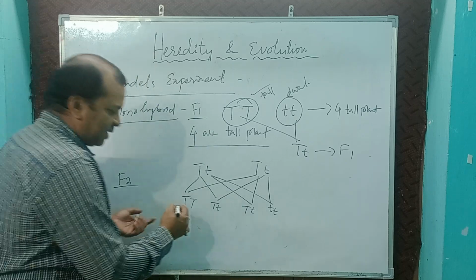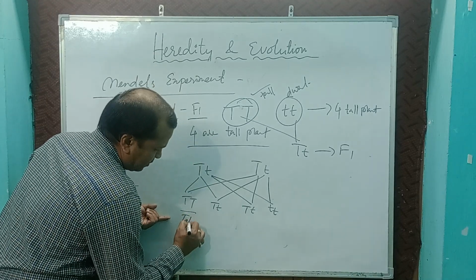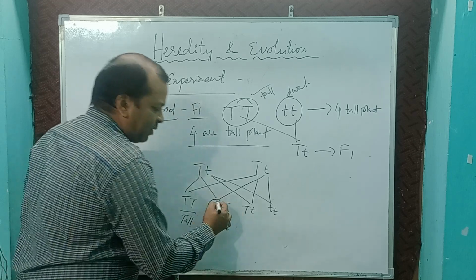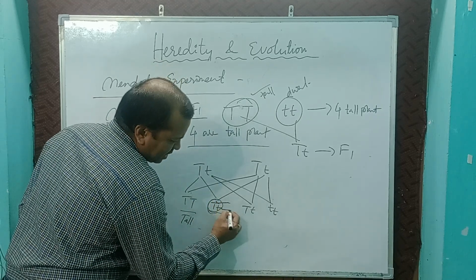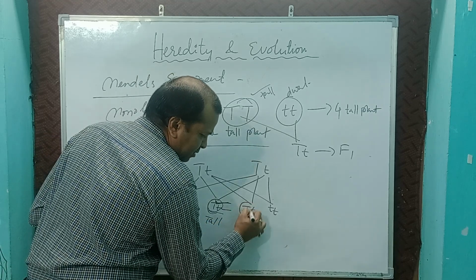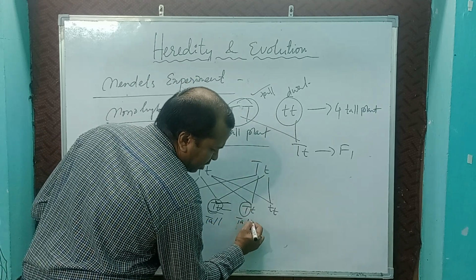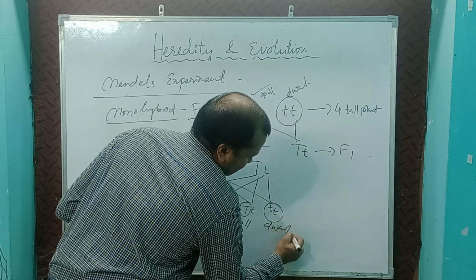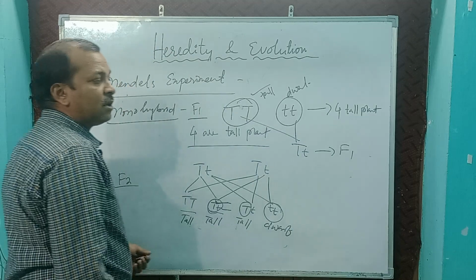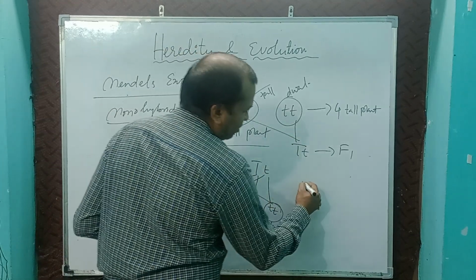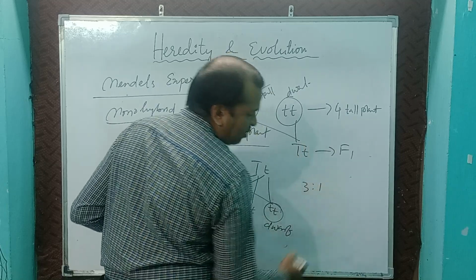Remember this. This is tall. This is also tall. Capital T is dominant, as we already discussed, and small t is recessive. So it is tall. Here also it is tall. Here it is dwarf. So in this case, first, second, third, 3 tall, 1 dwarf.